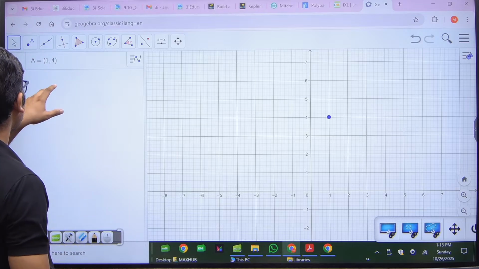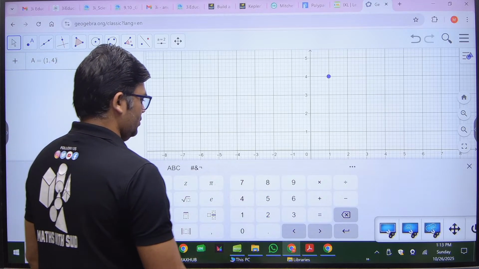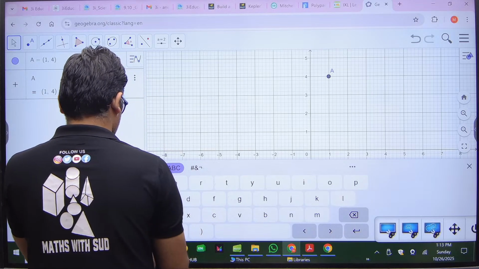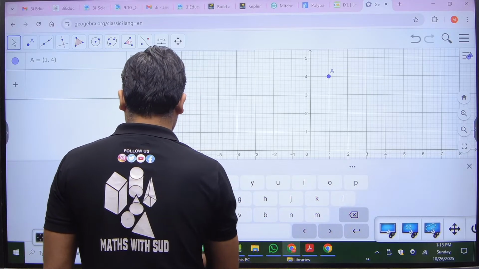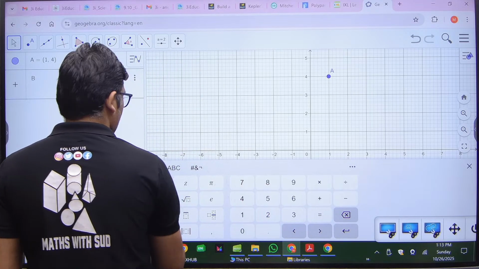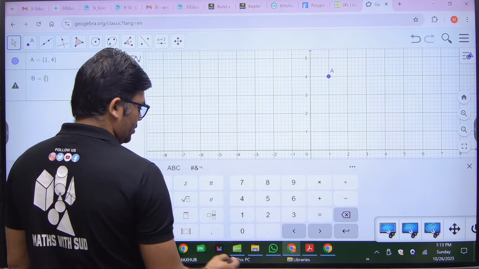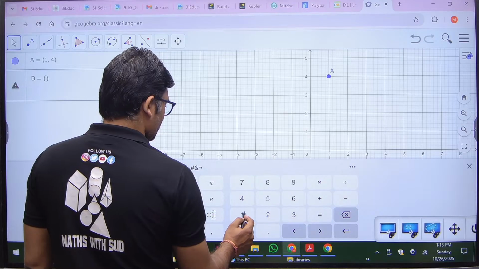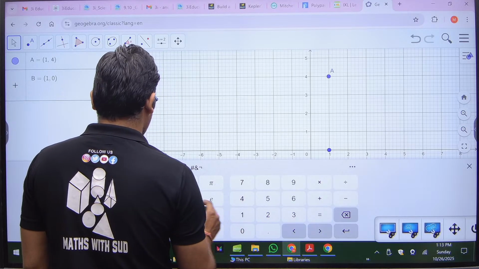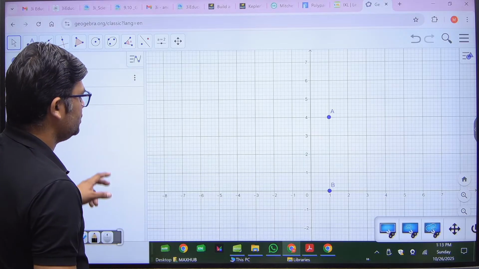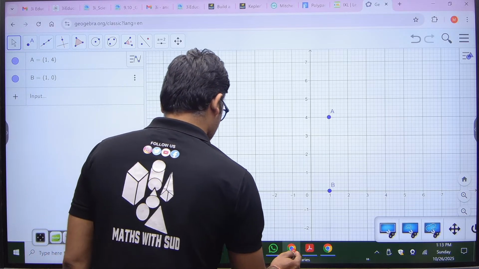Now B will be equal to what? B is equal to, what is the coordinate of B? 1, 0. 1 comma 0. So this is the first thing that they have asked.